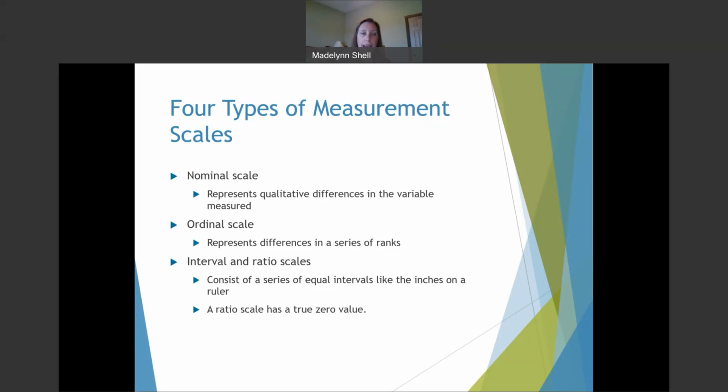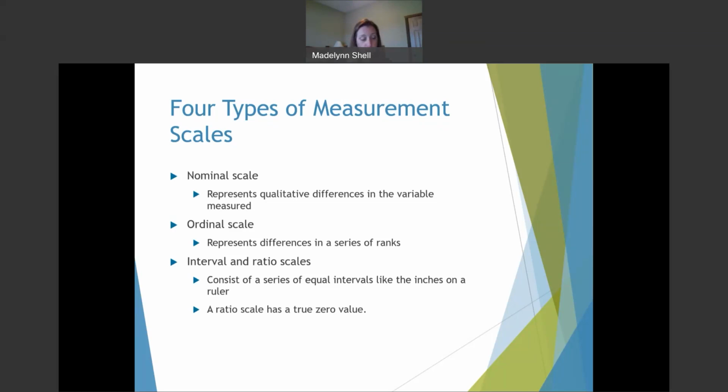But we have to be careful with ordinal scales because while there's a clear rank, if we take socioeconomic status, upper, middle, and lower, people in middle socioeconomic status don't necessarily make twice what people in lower socioeconomic status make. So the differences between groups are really unclear with an ordinal scale.